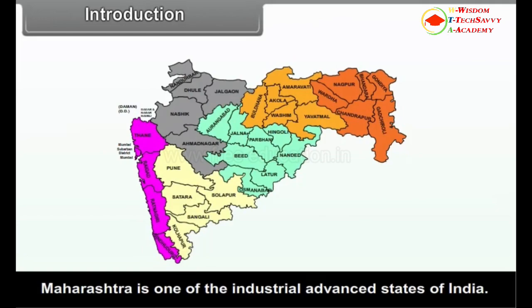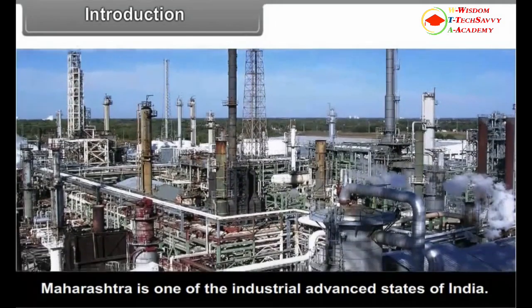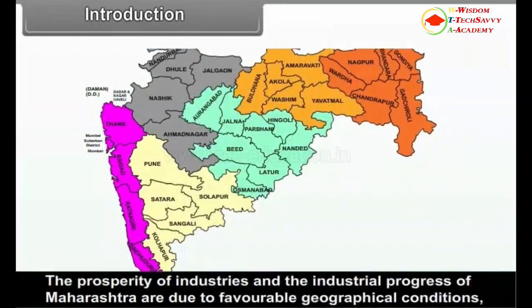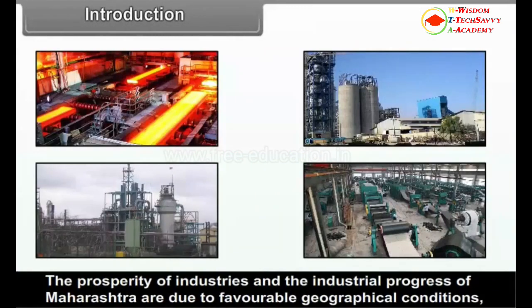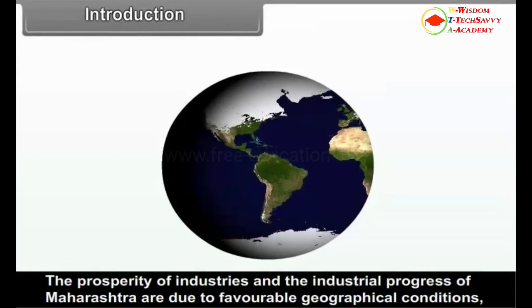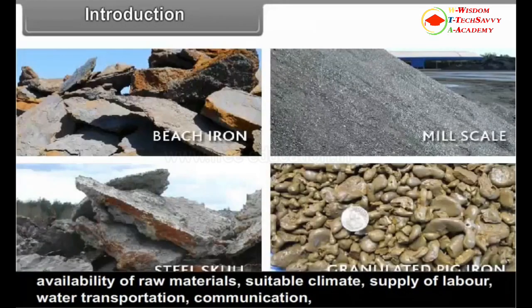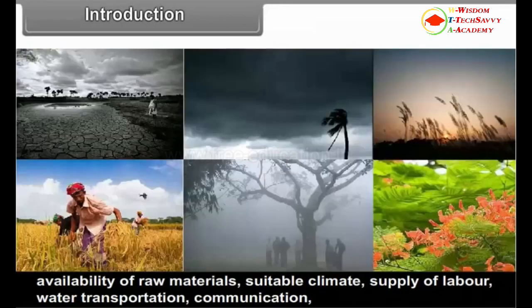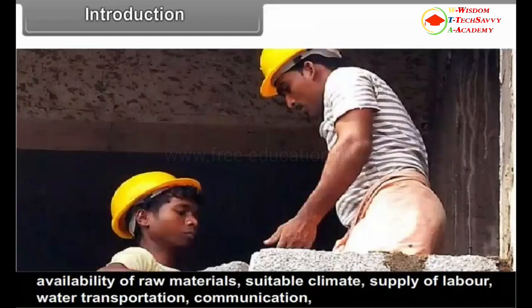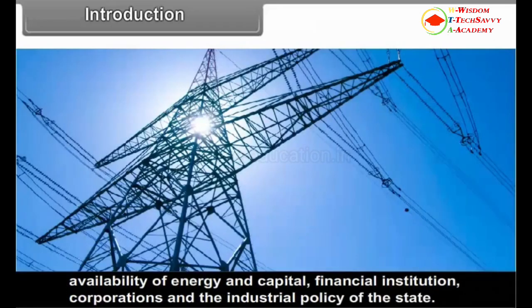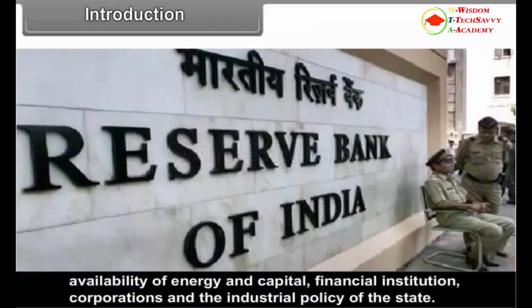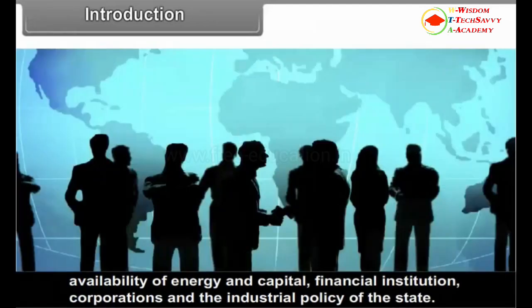Maharashtra is one of the industrially advanced states of India. The prosperity of industries and the industrial progress of Maharashtra are due to the favorable geographical conditions, availability of raw materials, suitable climate, supply of labor, water, transportation, communication, availability of energy and capital, financial institutions, corporations, and the industrial policy of the state.